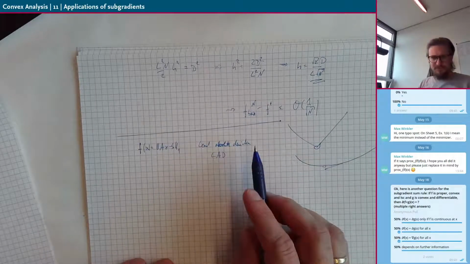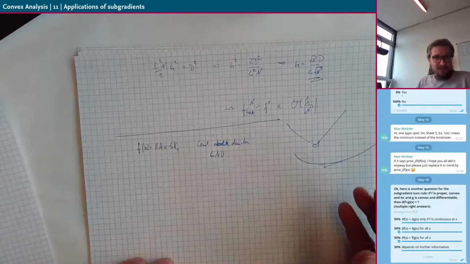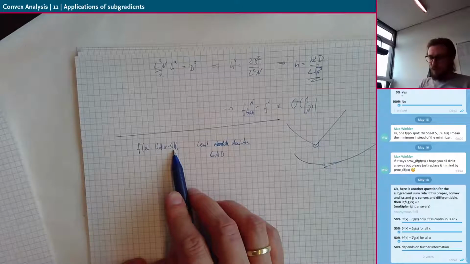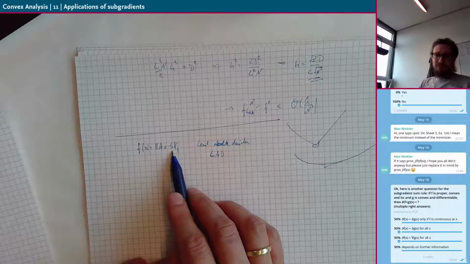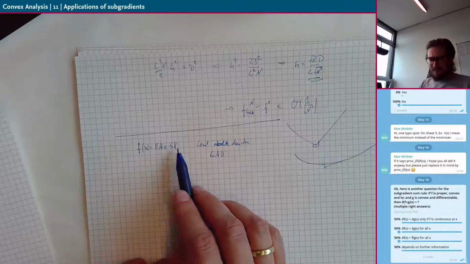Also minimum absolute deviation, which would be abbreviated MAD, which is also nice. And it makes sense, for example, if you want to do regression, but don't have Gaussian noise in the b, but different noise.